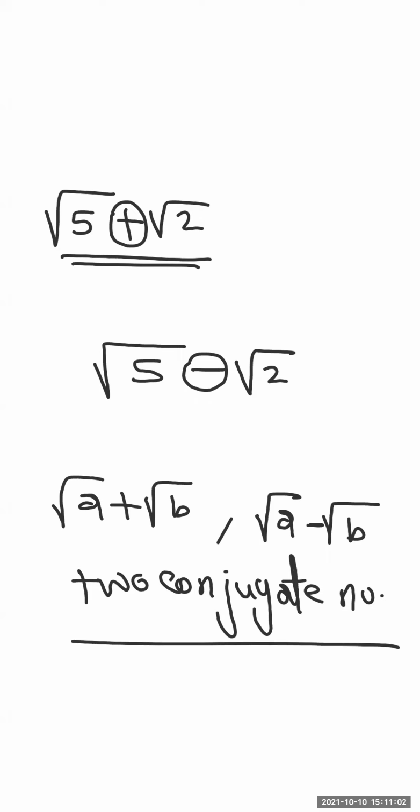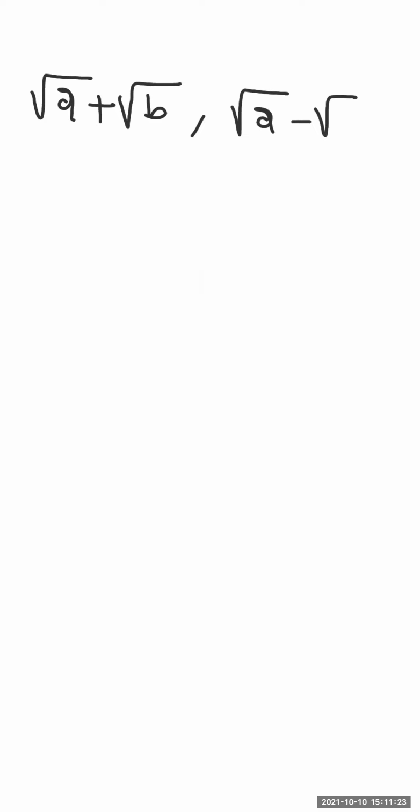Okay, so there are two relations between the two conjugate numbers: how to get the sum of the two conjugate numbers, and how to get the product of the two conjugate numbers. Here we said that square root of a plus square root of b and square root of a minus square root of b.